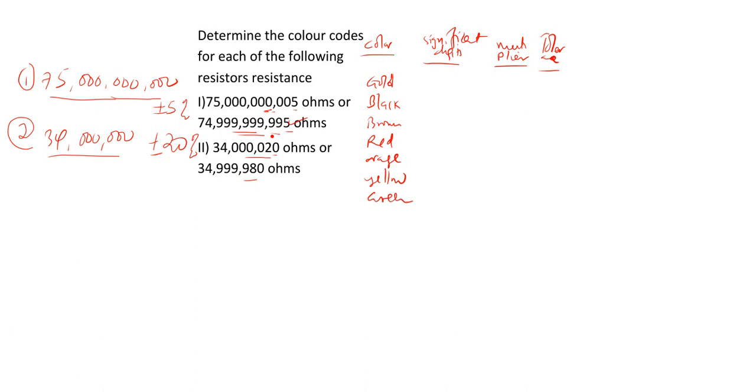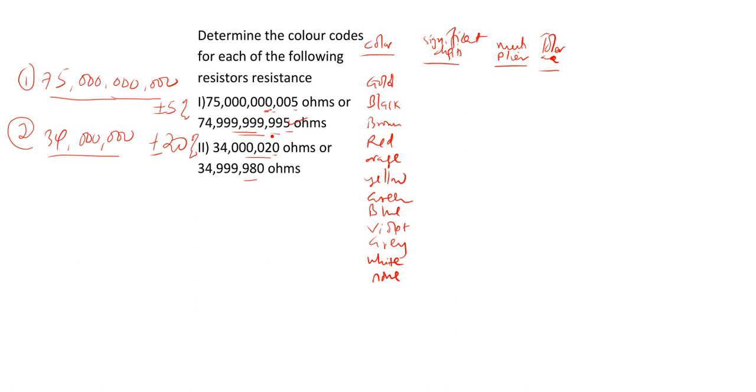We have blue. We have violet. We have gray. We have white. And then we have none, whereby we don't have any color there.